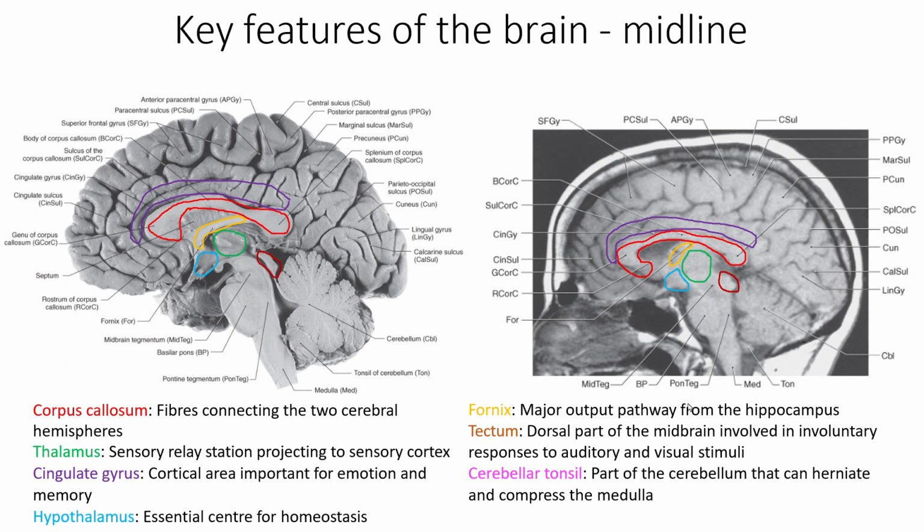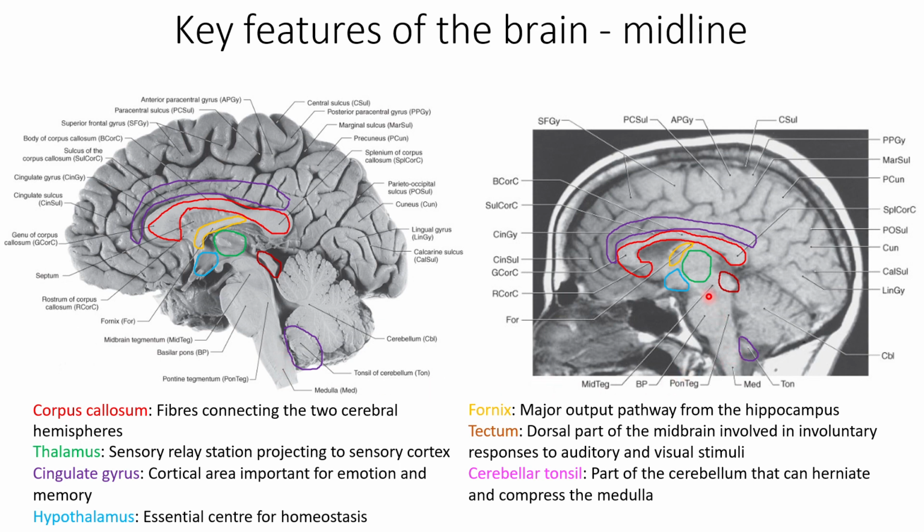The final structure which we need to find is the cerebellar tonsil, which we'll use a purple colour for. I don't have a light purple, but it should be obvious where the cerebellar tonsil is. Here is the cerebellar tonsil here, and on the MRI we can see it just there. Now the key thing to note about the cerebellar tonsil is that it sits alarmingly close to the medulla.